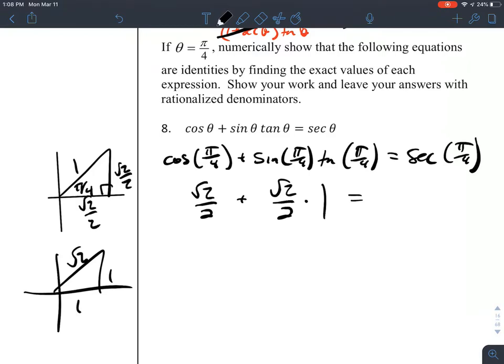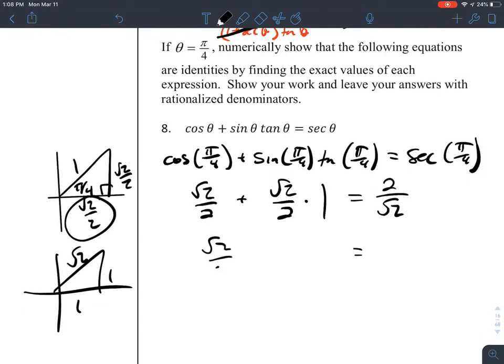Secant is the reciprocal of cosine, so that's going to be 1 over the square root of 2. Pardon me. It's going to be this reciprocal, which is 2 over the square root of 2, which when you rationalize that, that ends up being something real nice.